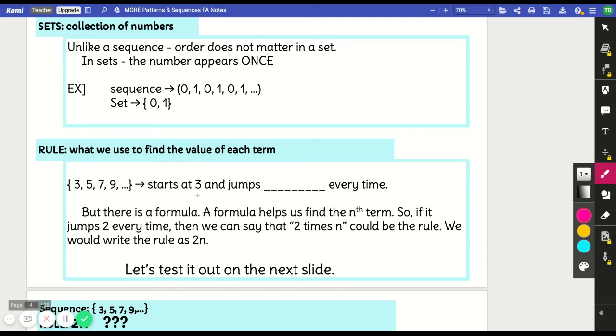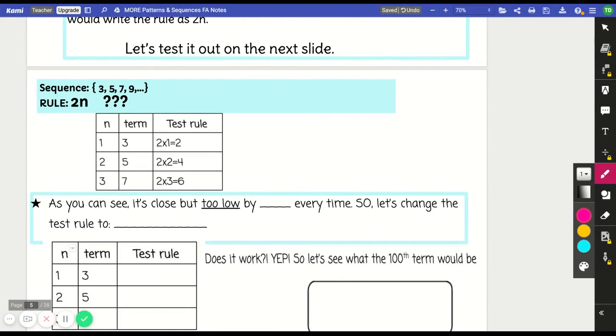It starts at 3 and it jumps 2 every time. But there's a formula that goes to it, and that helps us find the nth term. So if it jumps 2 every time, we can say that 2 times n could be the rule. We could write this rule as 2n.